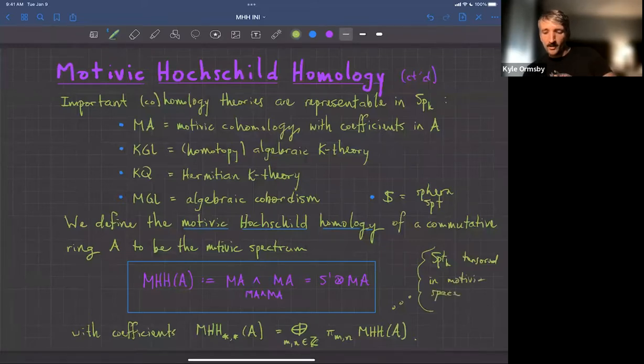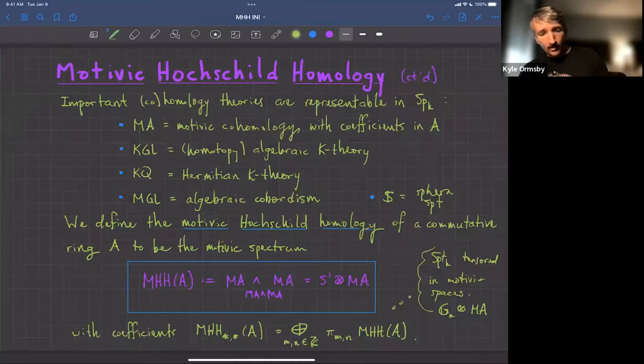So in particular, we can ask, is there some more geometric version of Hochschild homology where we tensor with, say, G_m, which is A1 minus the origin, instead of the circle? That's not something that we explore in the present paper and work, but I think it's an interesting thing to consider.